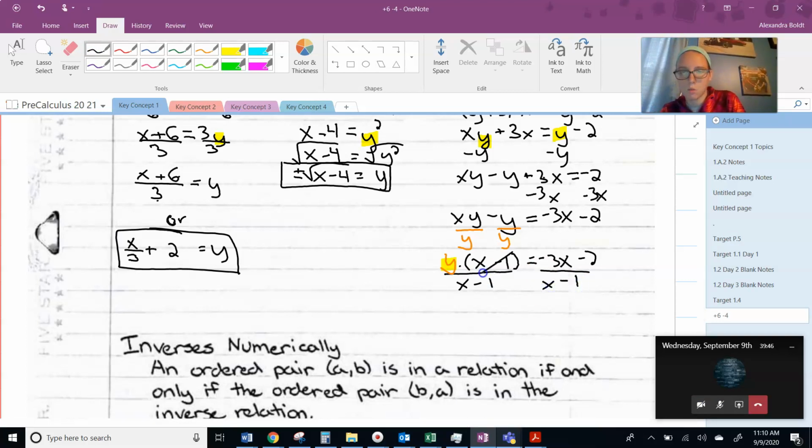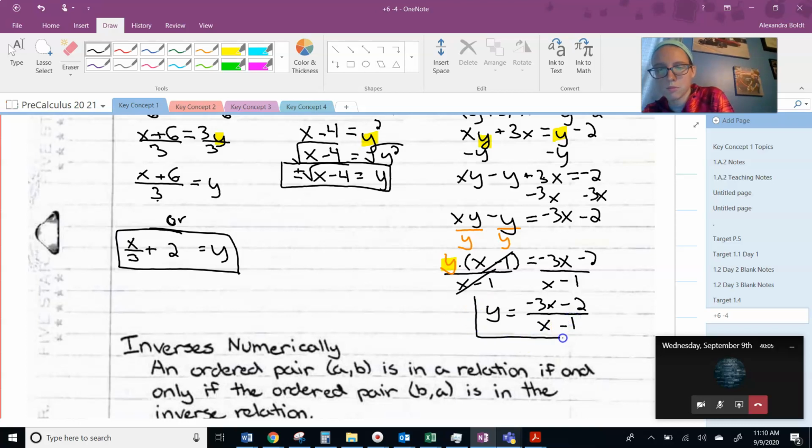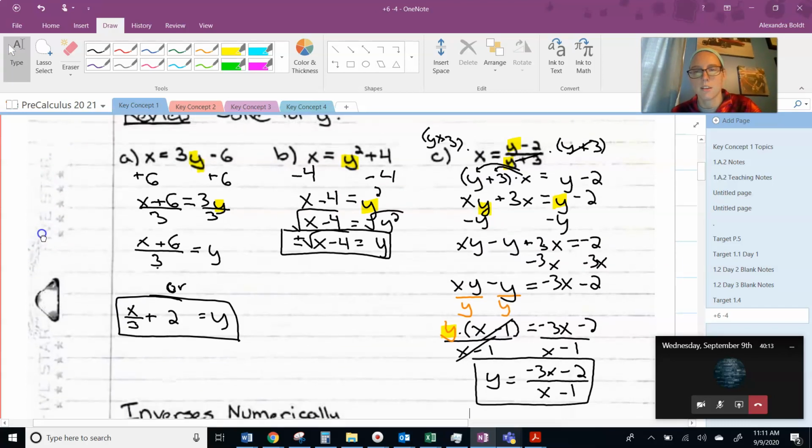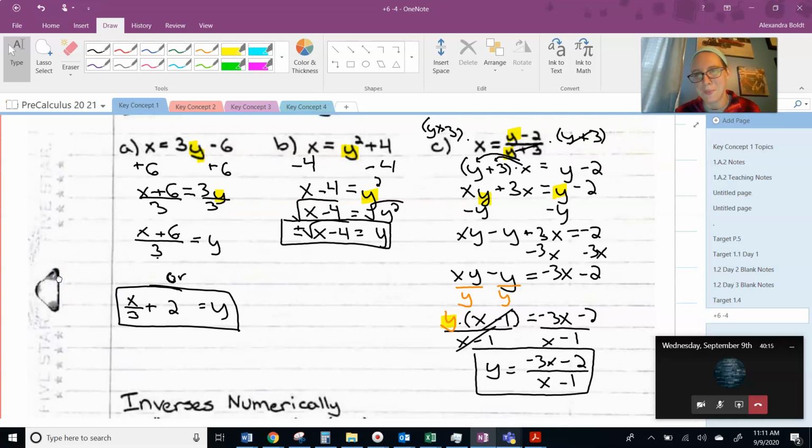So this x minus 1 and this x minus 1 cancel out, and I'm left with y equals negative 3x minus 2 over x minus 1. So that's a fun problem.